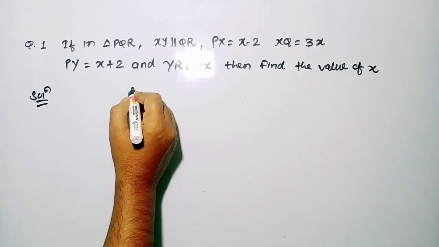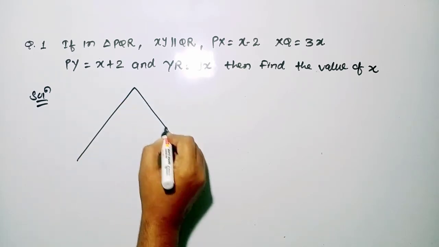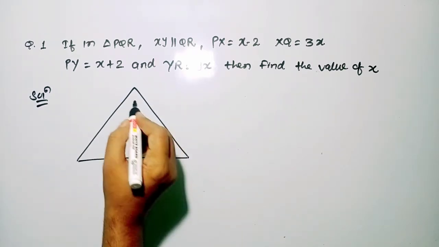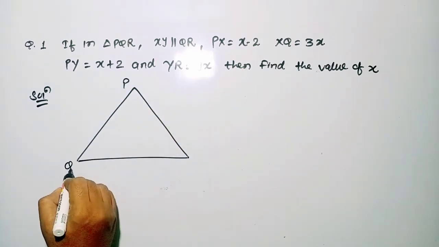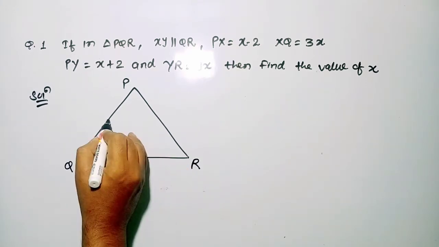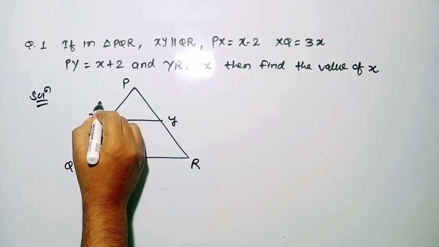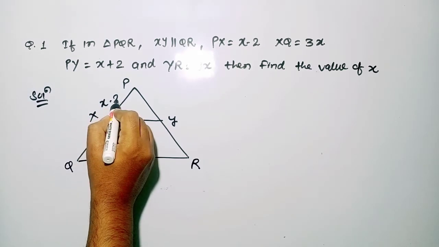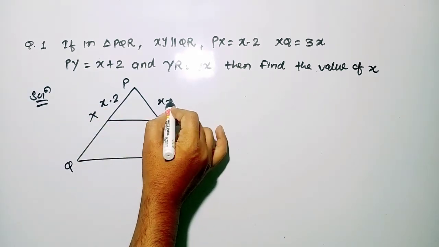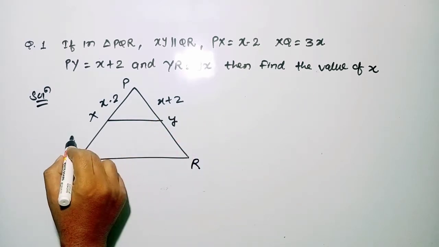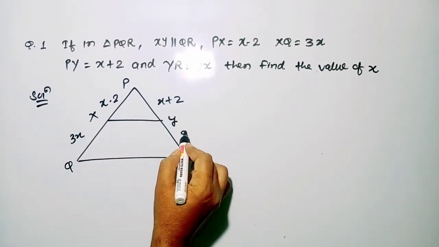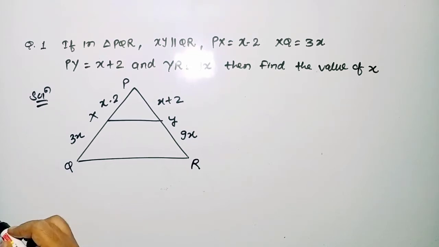Here making a triangle, triangle PQR. Right, student? Here QR is parallel to XY. The length of PX is given, length of PY is given, length of XQ and length of YR.